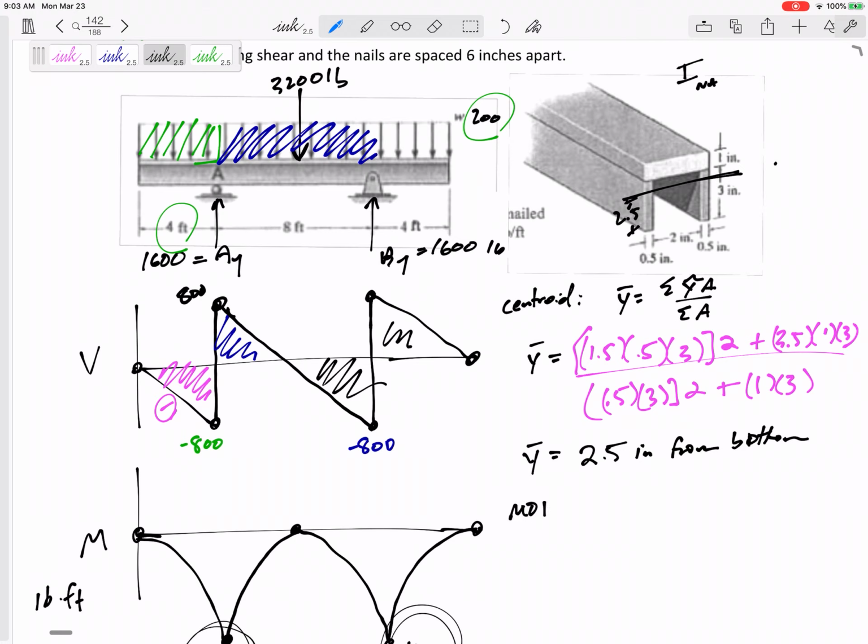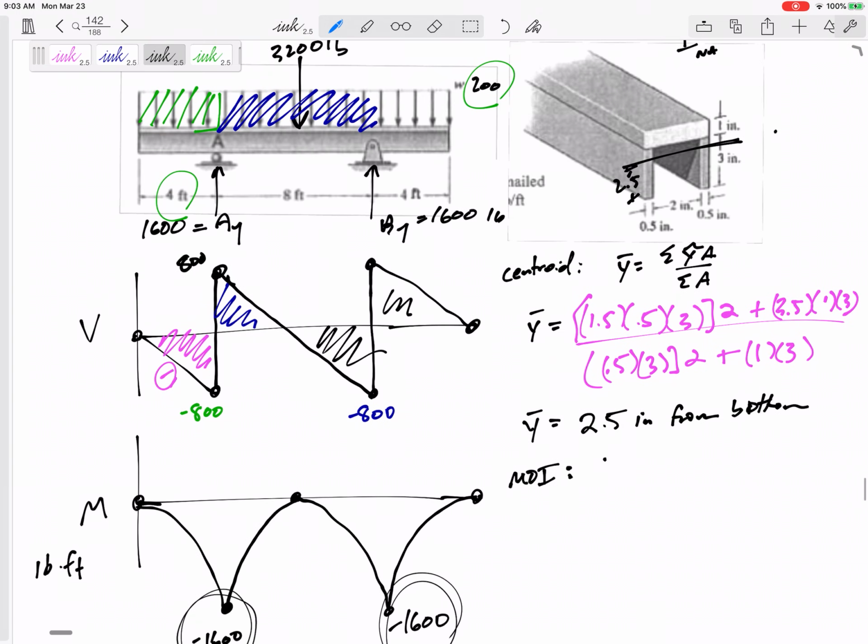Now, for the moment of inertia, I think I'll keep with those same three rectangles. Just sum up each one's I plus AD squared. So the I for that rectangle would be 1/12 B H cubed, with B being 0.5. But that would be about the middle of that rectangle, which is at 1.5 from the bottom.